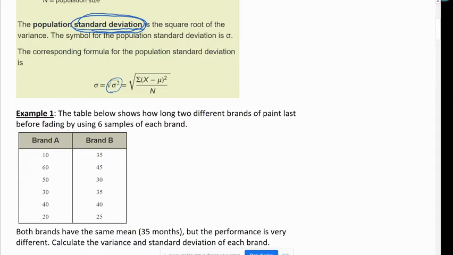Yes, these are in months. So we'll do brand A by hand, and then when we do brand B, I'll show you how to use a calculator and a spreadsheet, so you can see how to do it both ways.